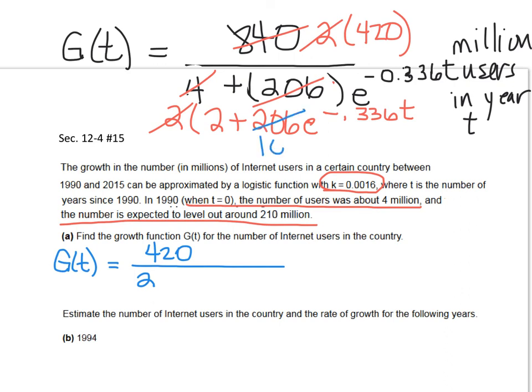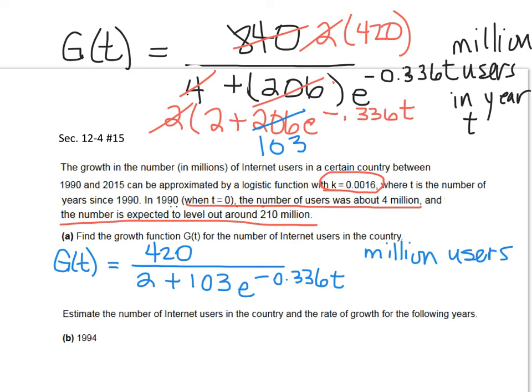That's no longer 206, it's 103. 2 plus 103e to the negative 0.336t million internet users, t years since 1990.